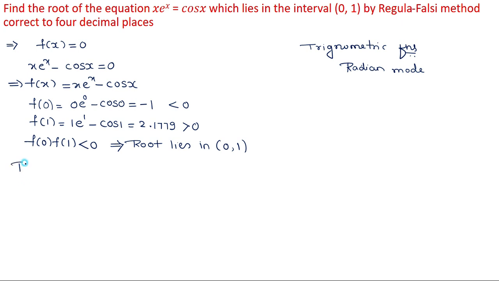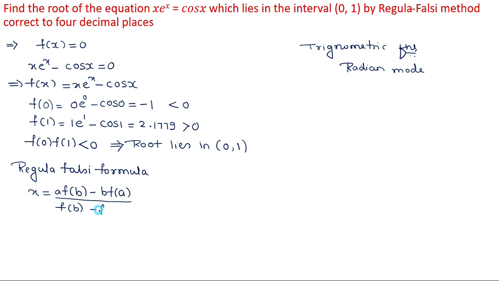Now the regula falsi iterative formula is given by x is equal to a f of b minus b f of a divided by f of b minus f of a. Here we can continue by taking 0 as a and 1 as b.